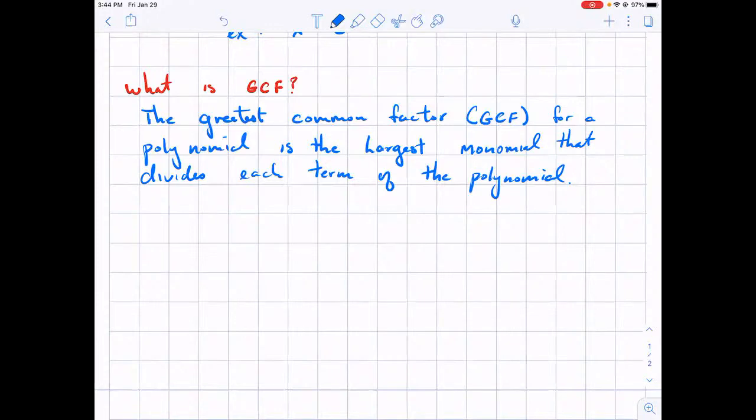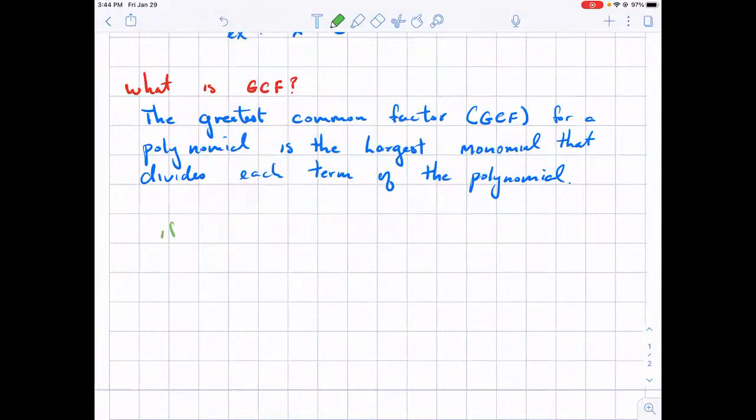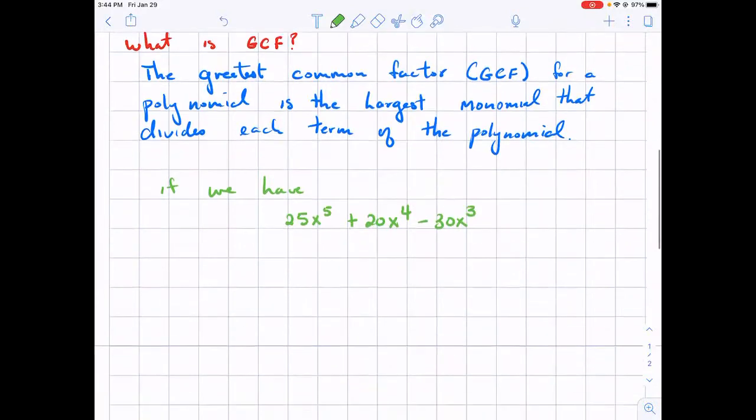For example, if we have 25x to the 5th plus 20x to the 4th minus 30x cubed. Now let's look at the coefficients first.